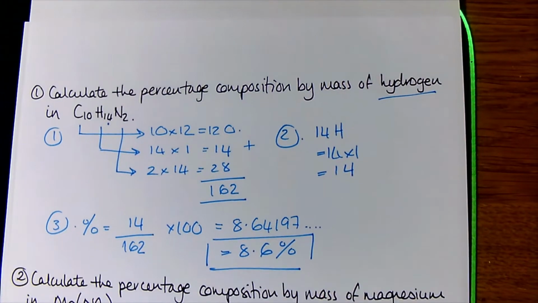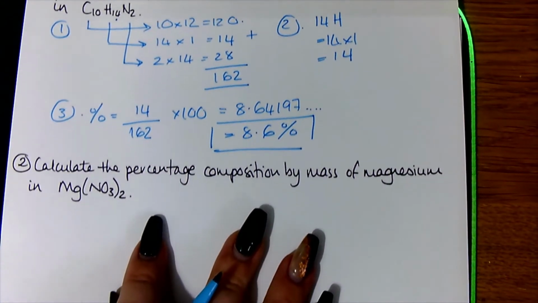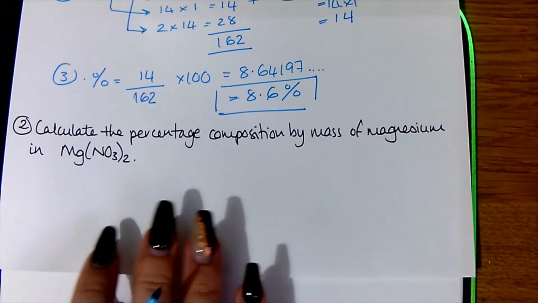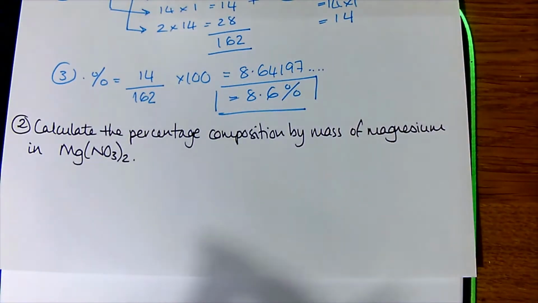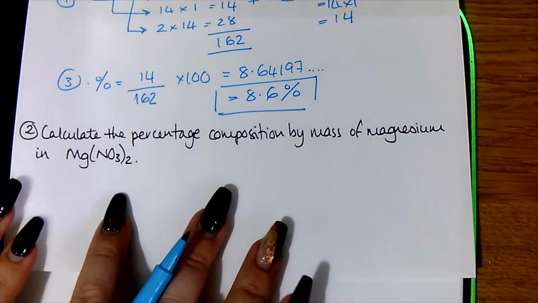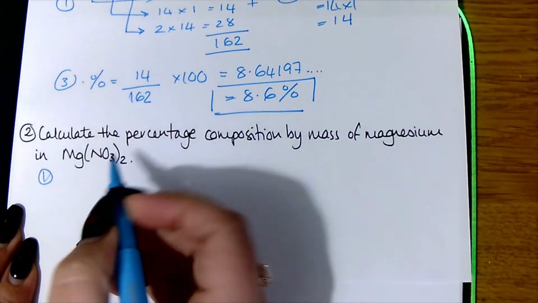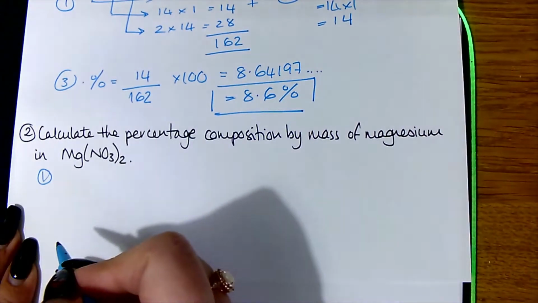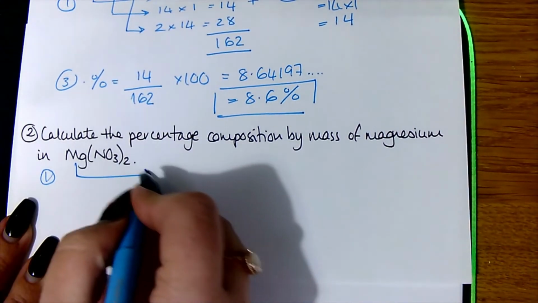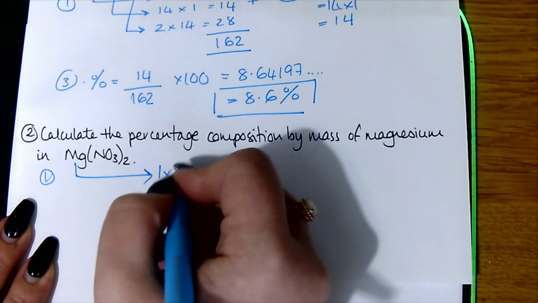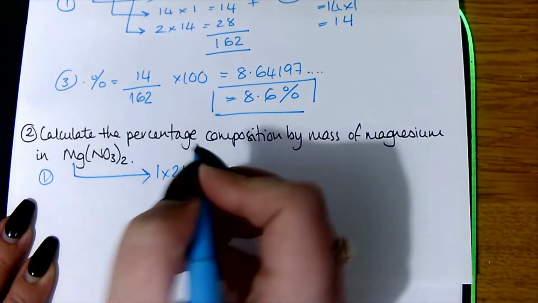Let's continue to work through some examples of these together. So our second one, calculate the percentage composition by mass of magnesium in magnesium nitrate. So this is a bit more difficult example for the simple fact that we're looking at complex ions and we've got brackets involved. So here we have 1 magnesium, so it's 1 times 24.5.